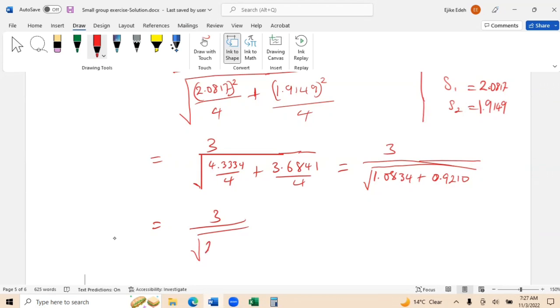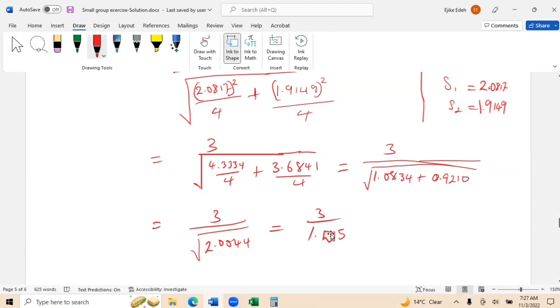So I'm taking the square root of 2.0044. So this will be equal to 3 all over the square root of that. I'm solving everything in bits, maybe to model what you may do to avoid unnecessary error. So this will be 1.4157.